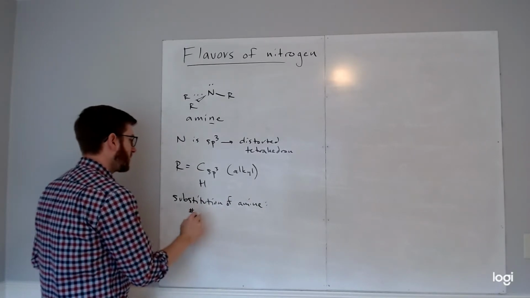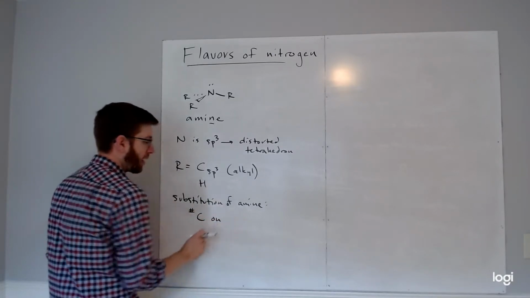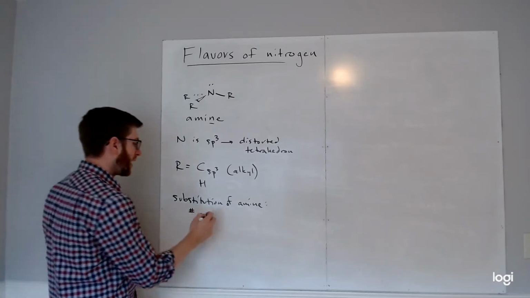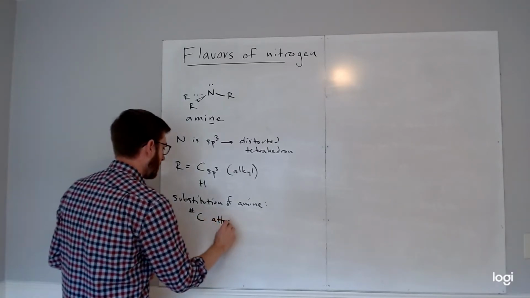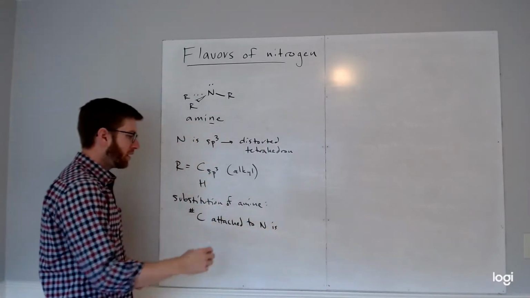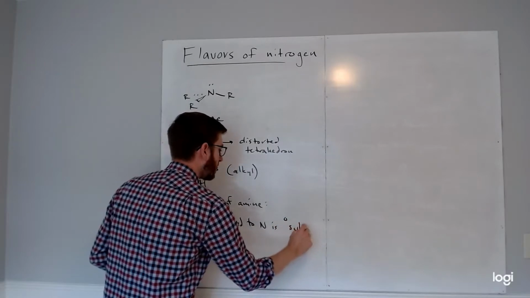Actually, the easiest way to do this is the number of carbons directly attached to N is the degree of substitution.